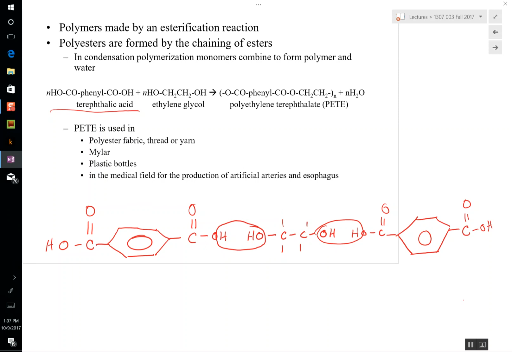Now this isn't biodegradable. You throw these in the landfill and they stay there. I don't know how long. I can't believe they stay there forever. Probably if they sit out in the sun, they will degrade. UV light will degrade them slowly, very, very slowly. But down in the ground, probably stay there a long time.